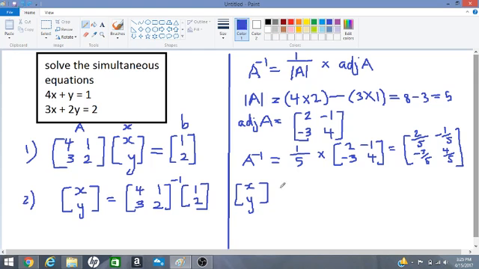So xy is equal to 2 over 5, minus 1 over 5, minus 3 over 5 and 4 over 5, times 1, 2. Let's do our multiplication row by column. So this row times this column.